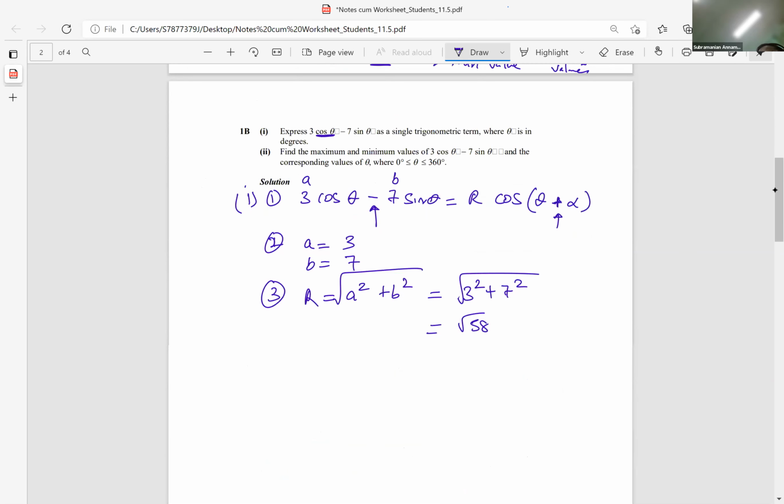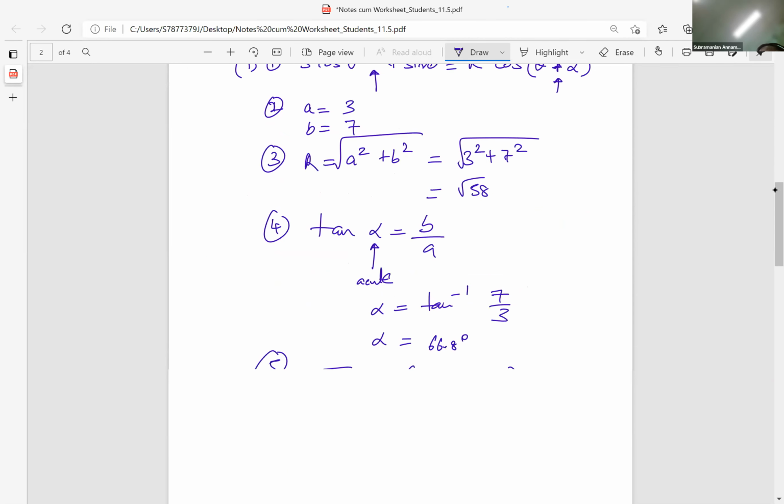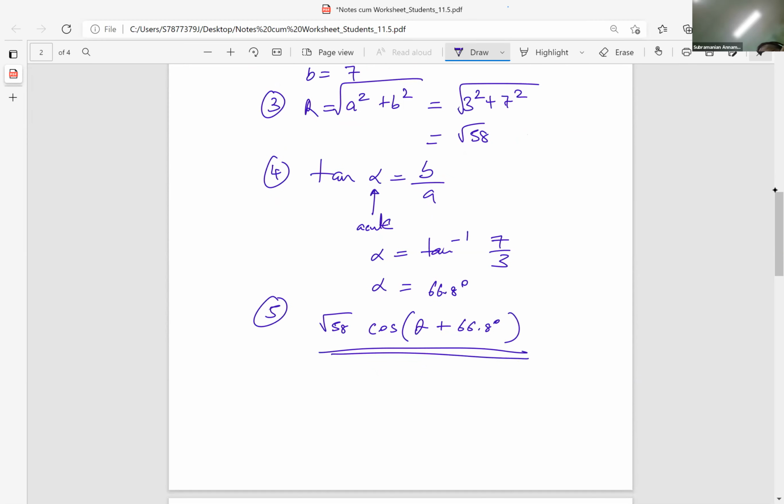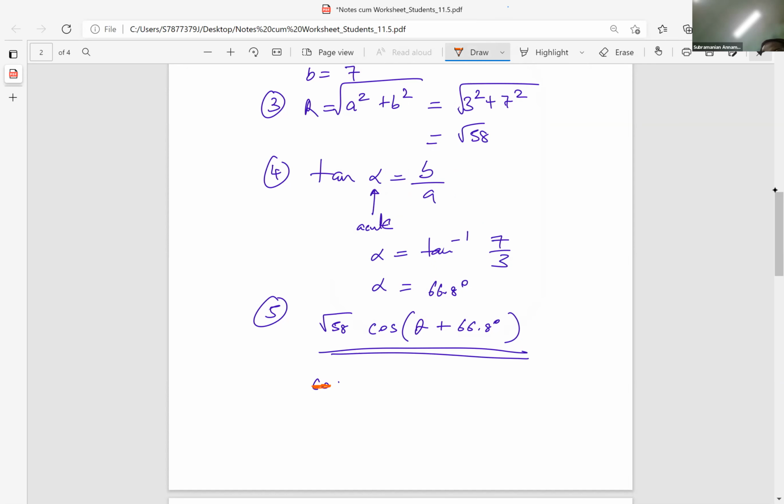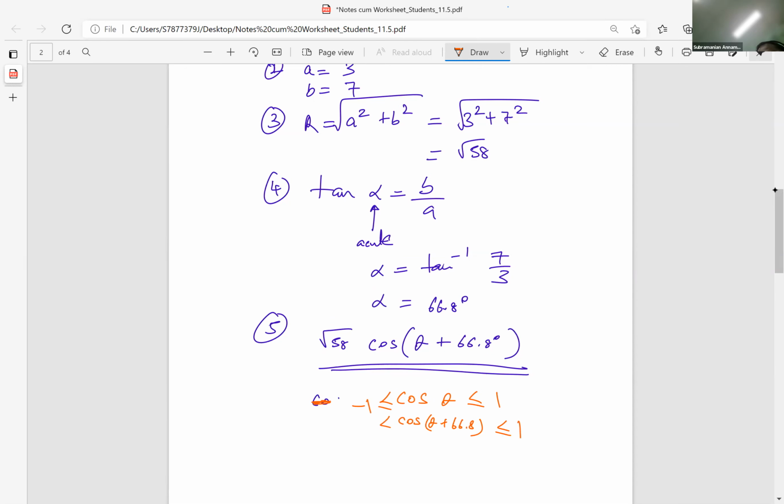What would be the minimum, maximum value? The same question, I'm asking you what's the minimum, maximum value. So I change my color. So this is cosine, right? What envelopes cosine? 1 and -1 also, right? If you notice, it's always 1 and -1. So what will happen to this if I add still the same? No change.